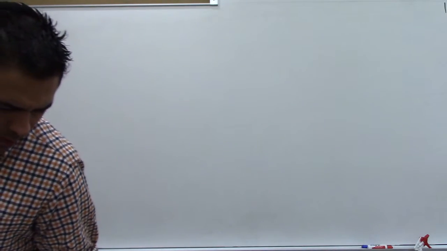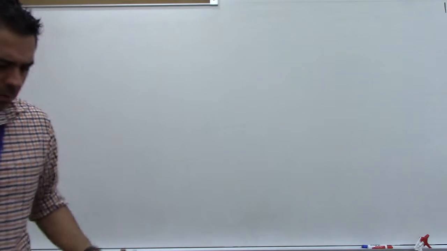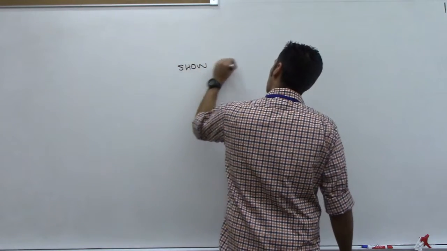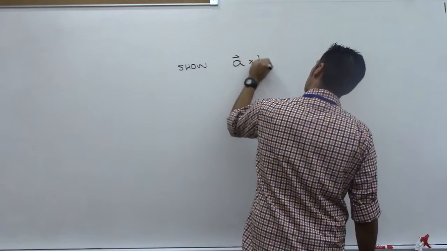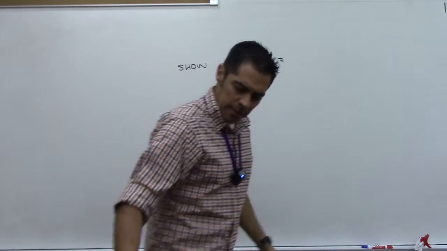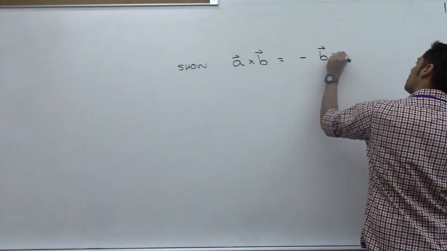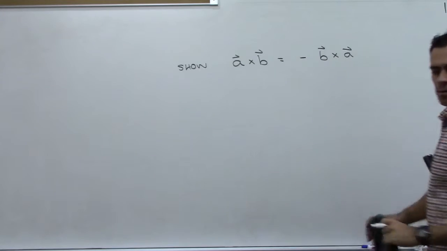Number 23. So I want to show that A cross B equals negative B cross A.